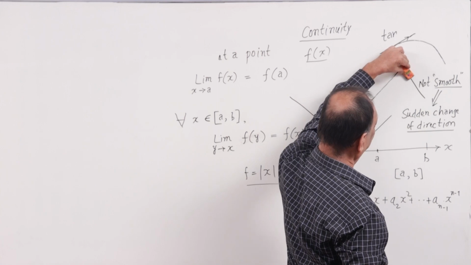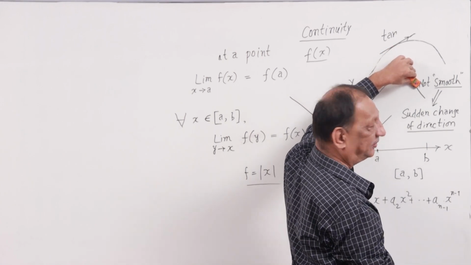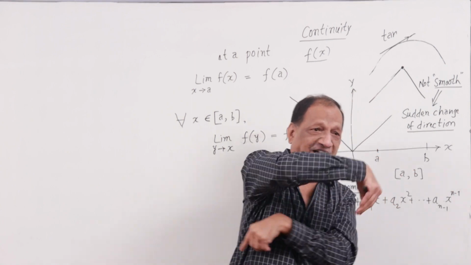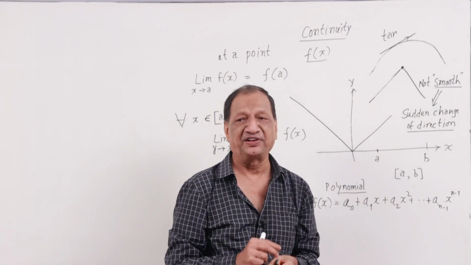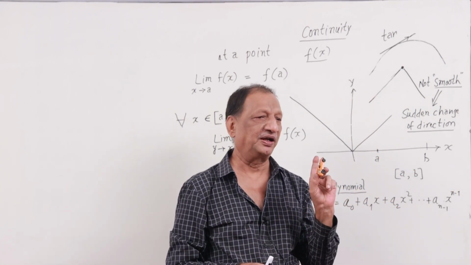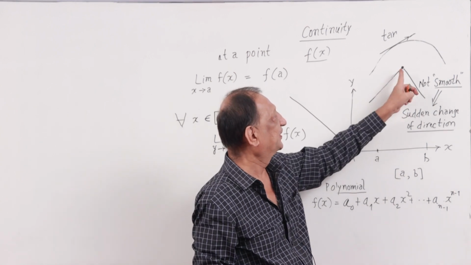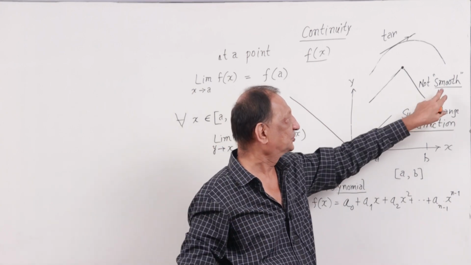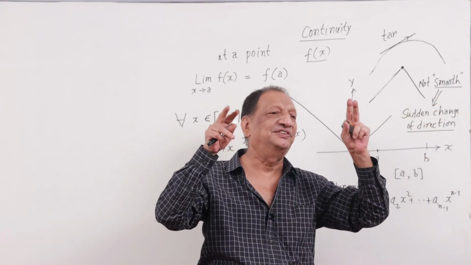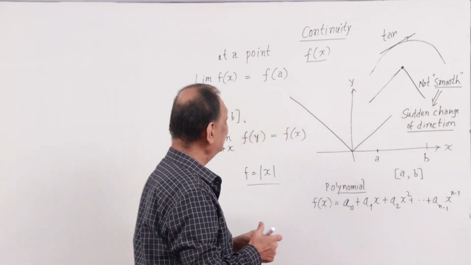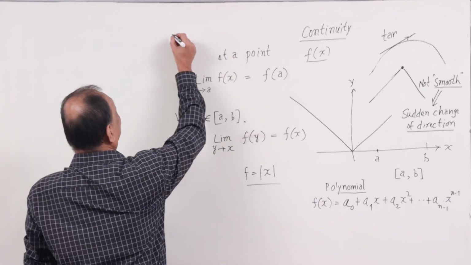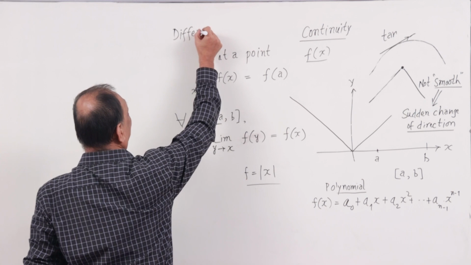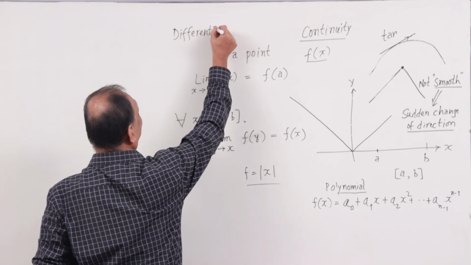And beyond this point, it is facing southeast, correct? So there is a change of direction from northeast to southeast at one point. Sudden change of direction cannot be used for driving. So we are saying at that point it is not smooth. So what is the meaning of smooth? It is differentiable. This is known as differentiability. Just like we had continuity, we have differentiability.